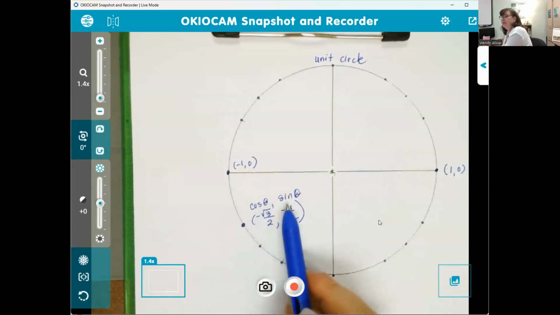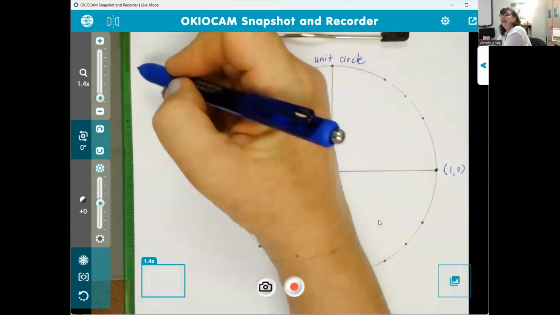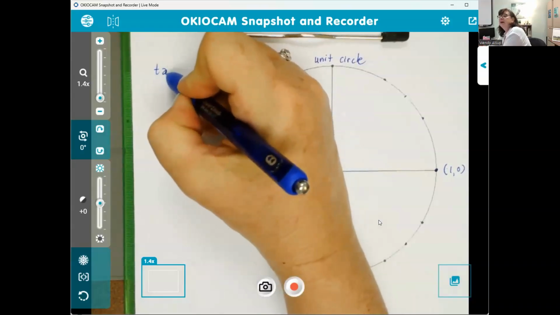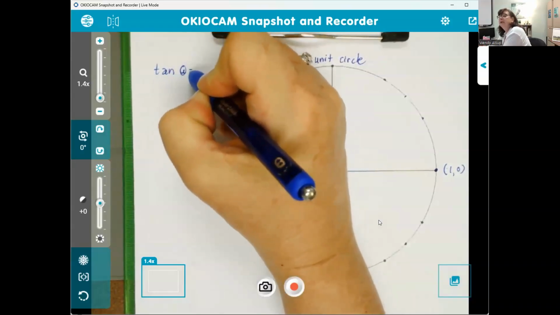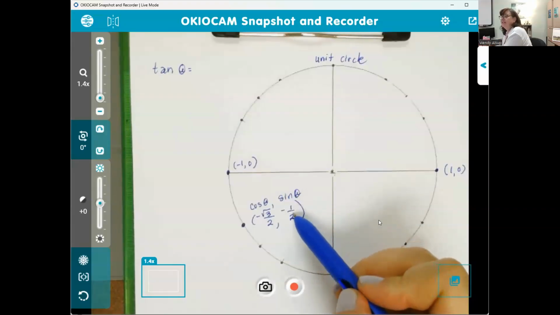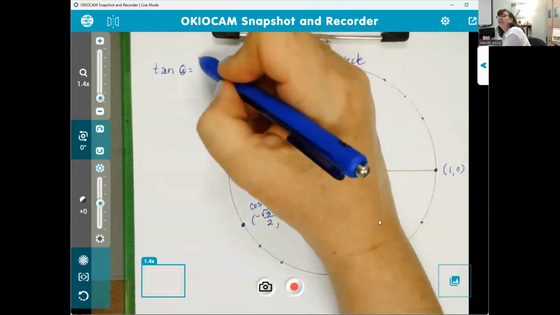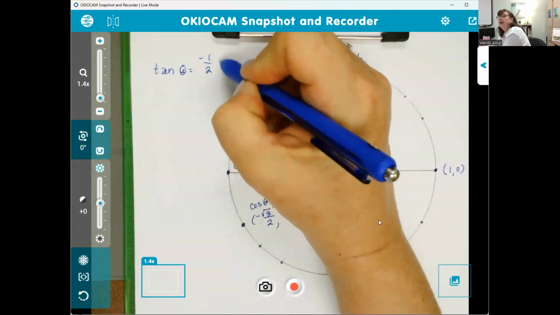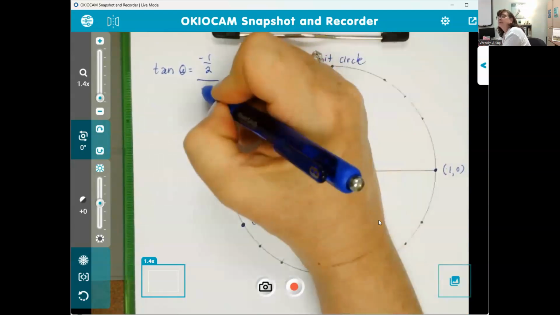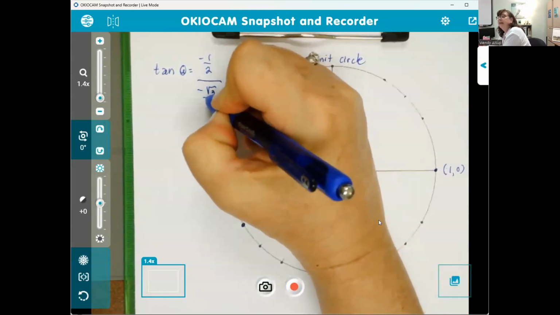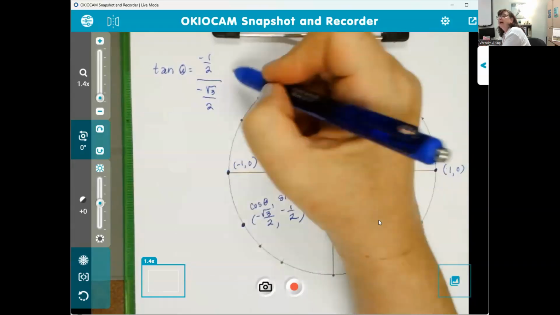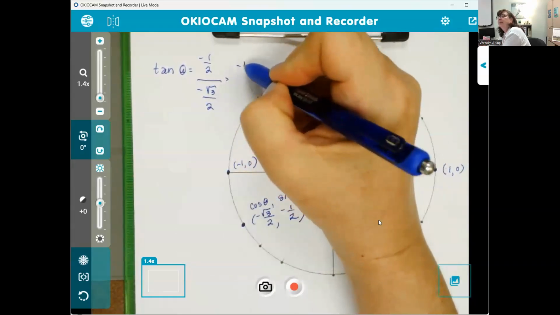We know the cosine, we know the sine, tangent of whatever theta we're talking about is going to be the sine over the cosine, so negative 1/2 divided by the negative root 3 over 2. How do you simplify that? When you divide fractions, you multiply by the reciprocal.